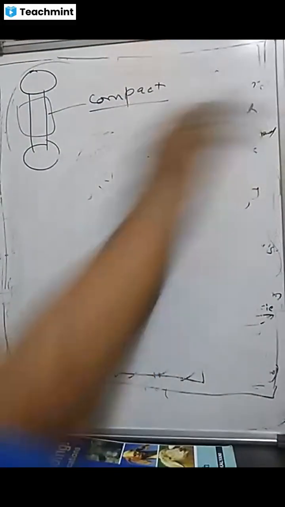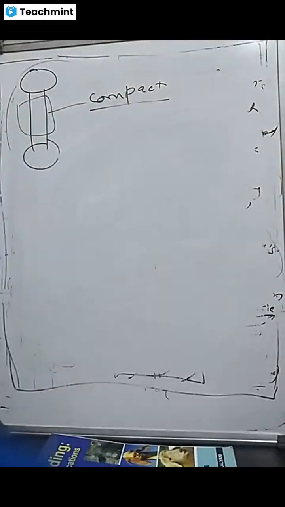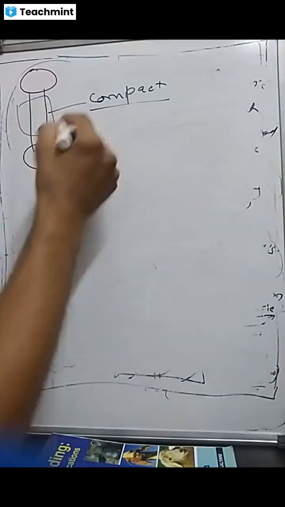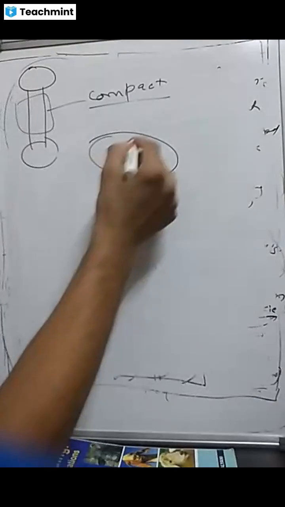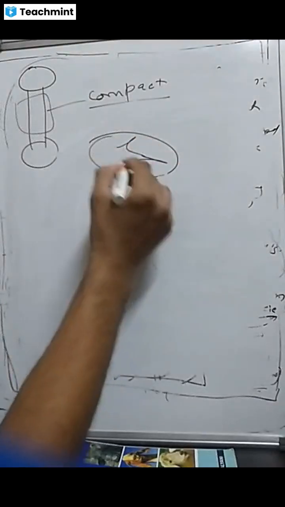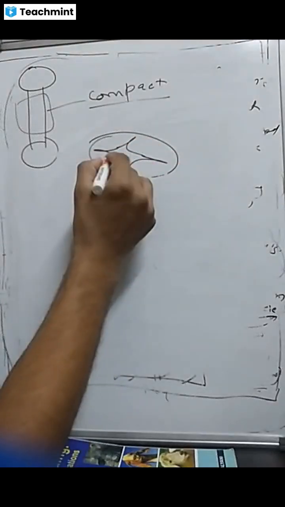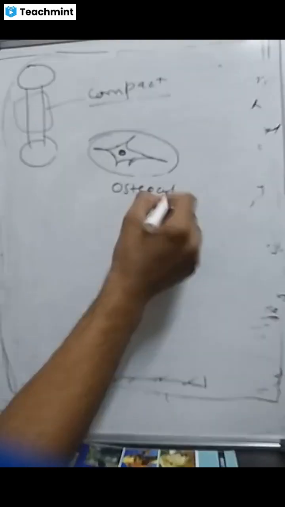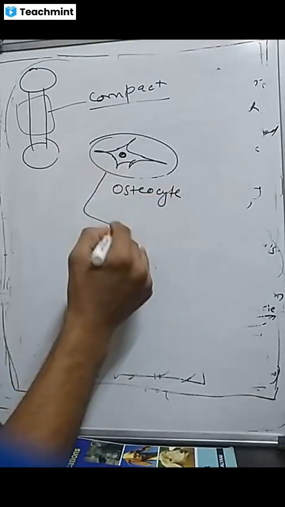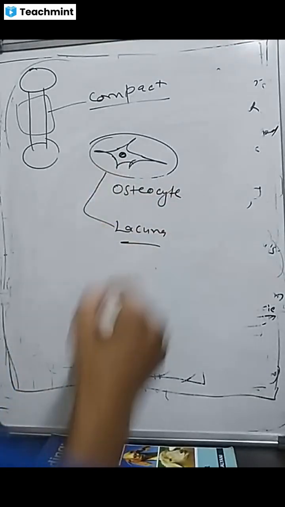Okay, after this compact bone, one more point. See, this is your lacuna where the osteocyte is. The osteocyte is in the space known as lacuna.